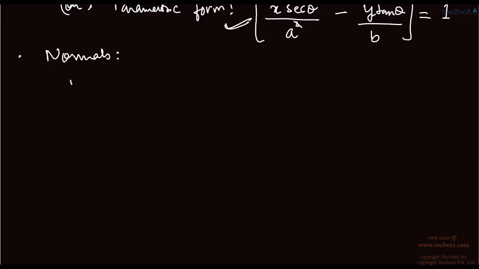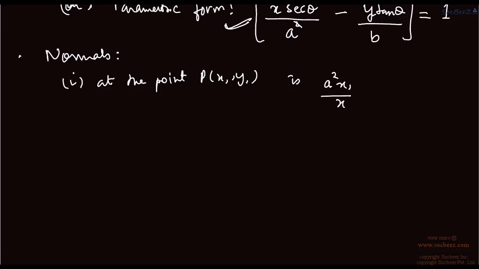Now we'll see the normals of hyperbola. Equation of normals at the point (x1, y1) is a square x upon x1 plus b square y upon y1 equals a square plus b square, or you can write it equals a square e square.